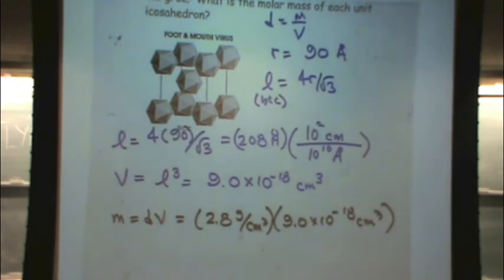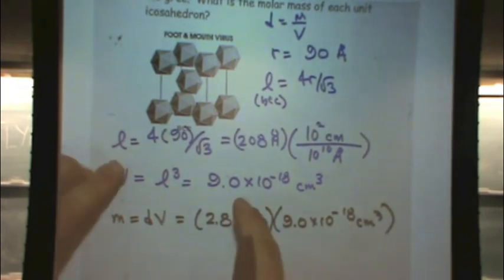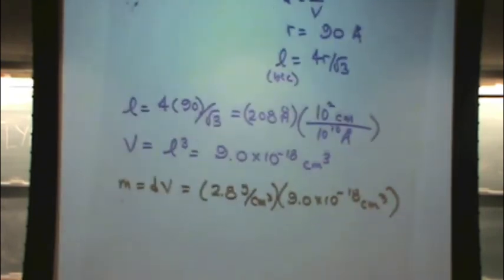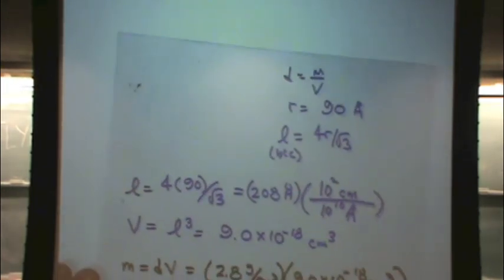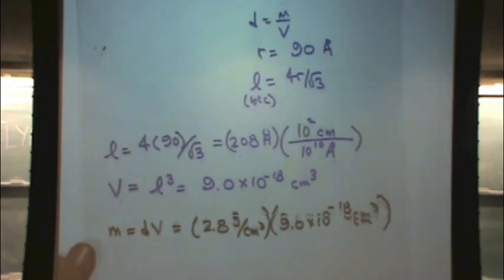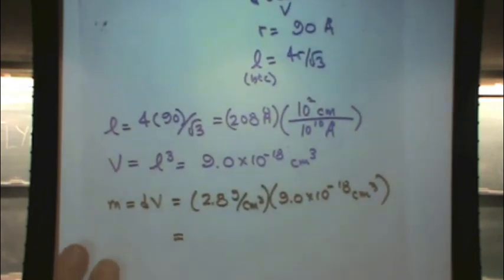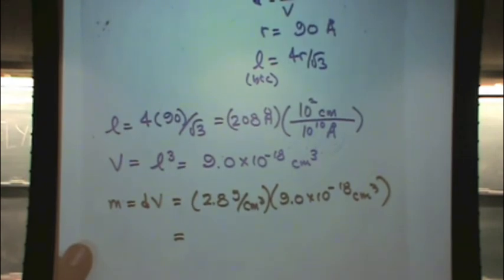Okay, so the centimeters cubed will drop out, and all I'll be left with is grams. Okay, mass also equals, body-centered cubic, how many atoms per unit cell? There's 2. So this also equals 2 atoms per unit cell.